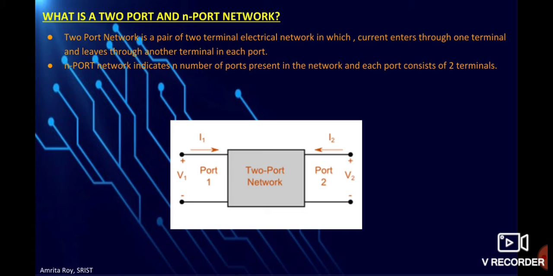In the given diagram, we can see at port 1, the voltage is denoted by V1 and the current entering port 1 is denoted by I1. Similarly, at port 2, the voltage is V2 and the current entering port 2 is denoted by I2. So, there are four variables V1, V2, I1 and I2. Out of these, we can choose two variables as independent and the other two variables as dependent.